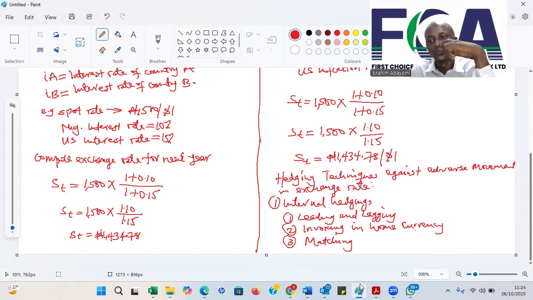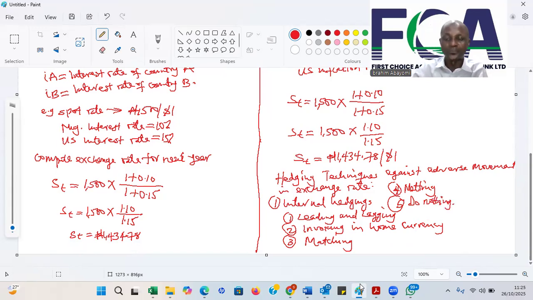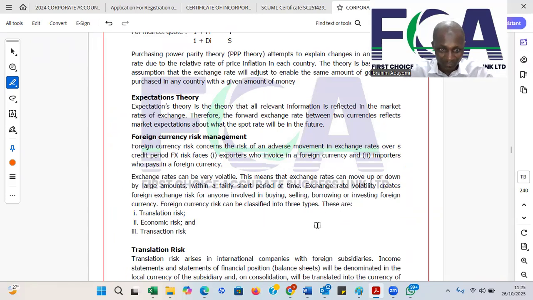We have netting. Then, of course, we have do nothing. Do nothing is also a technique for hedging. You just leave your faith in the hand of God. You are doing nothing about the exchange rate movement. Okay, that is do nothing.